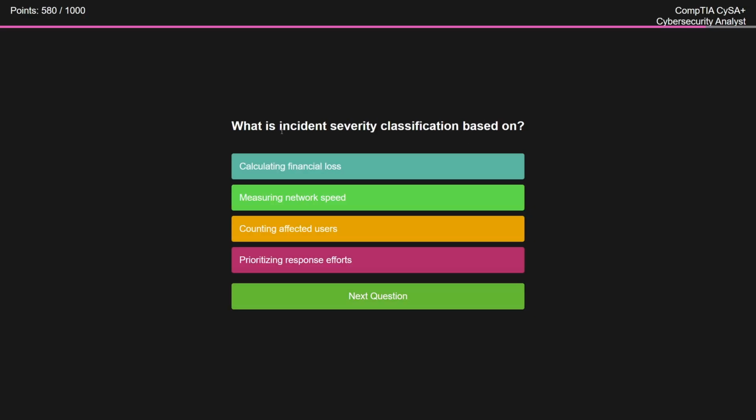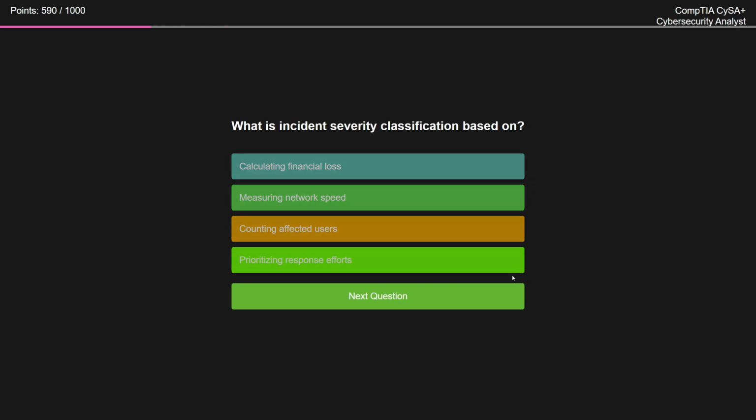What is the incident severity classification based on? Calculating financial loss, measuring network speed, counting affected users, or prioritizing response efforts? I'd say for me it would be prioritizing response efforts, wouldn't it?